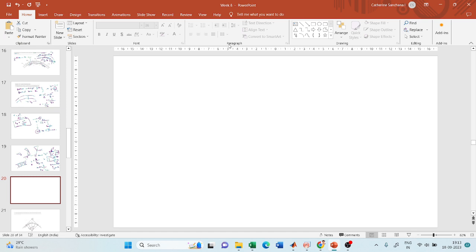We saw rotating the pavement about inner or outer edge, right? So this is the equation for that: Ls is equal to n into e into W plus We.